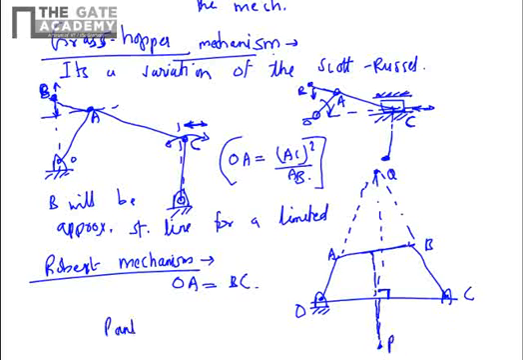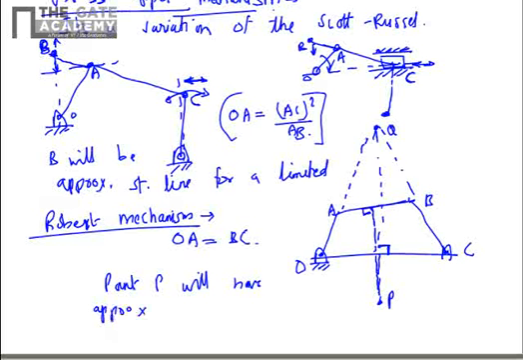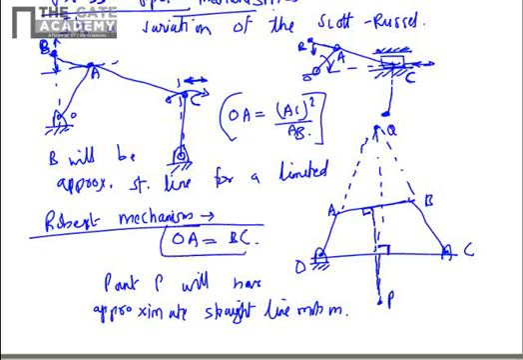So the point P will have approximate straight line motion. There is a derivation, you can look in textbooks, and you know that in the Roberts mechanism this condition is satisfied. It is a simple 4-bar chain.